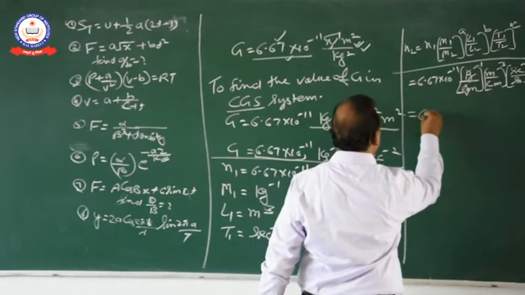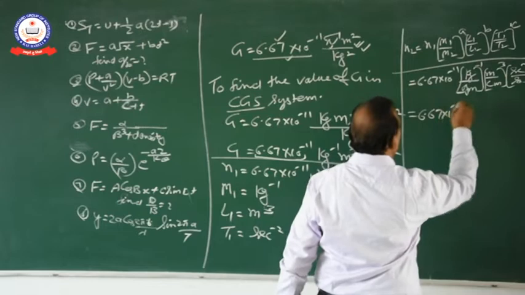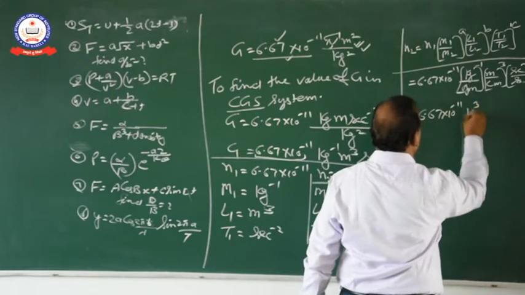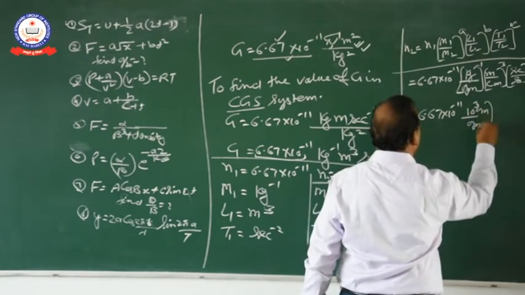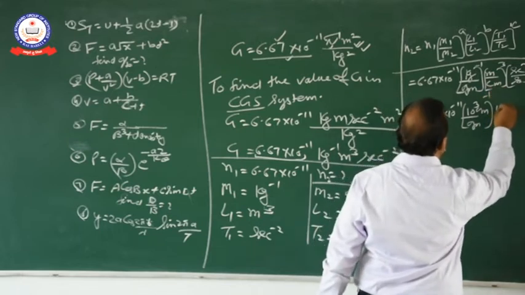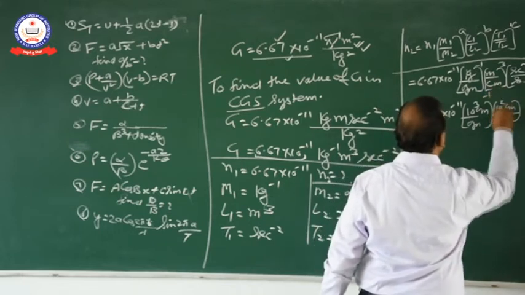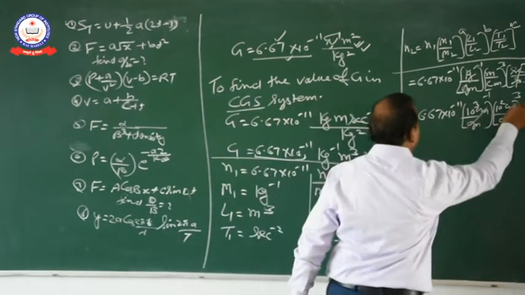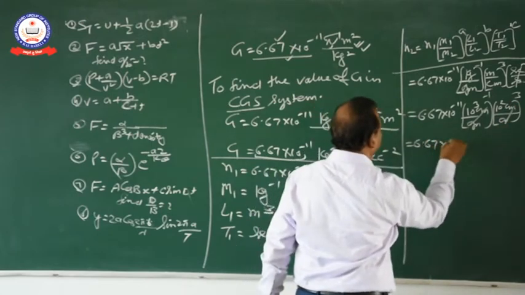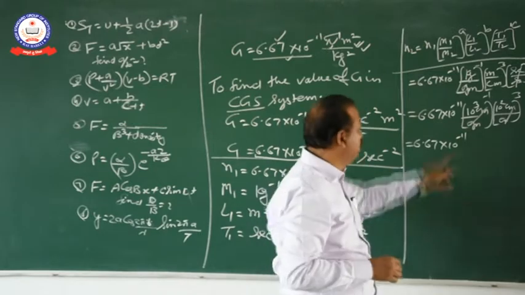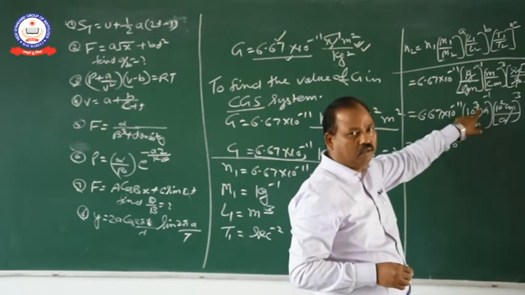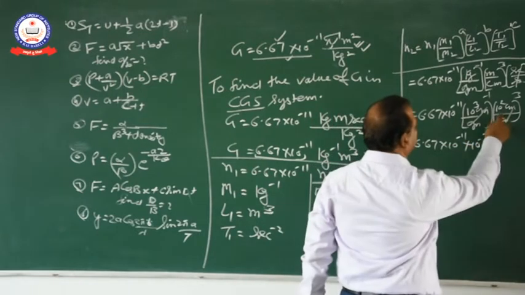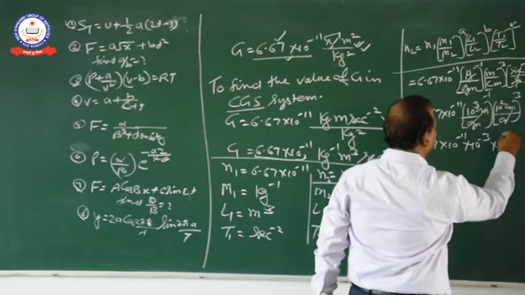So you calculate this: 6.67 into 10 raised to power minus 11, kilogram. How many grams? 1000, that is 10 cube gram, upon gram, power minus 1. Meter is 10 raised to power 2 centimeter, upon centimeter, power cube; second cancels, okay? So 6.67 into 10 raised to power minus 11, times 10 raised to power 3 whole raised to power minus 1, which is 10 raised to power minus 3, times 10 raised to power 2 whole power 3, which is 10 raised to power 6.